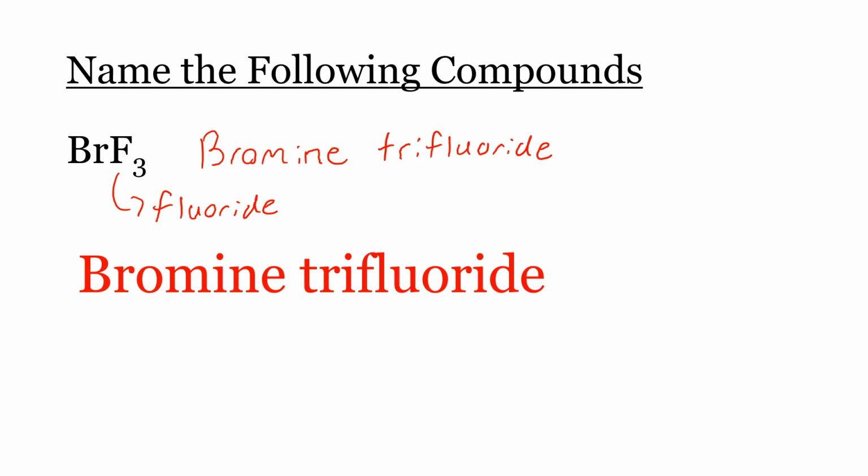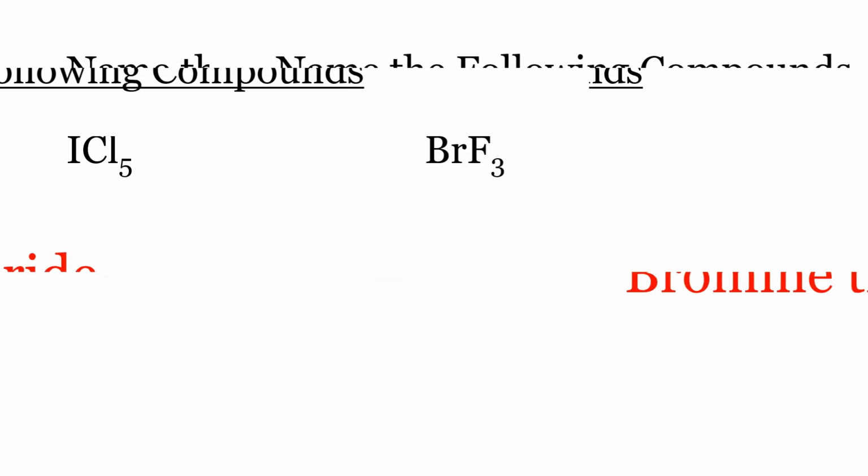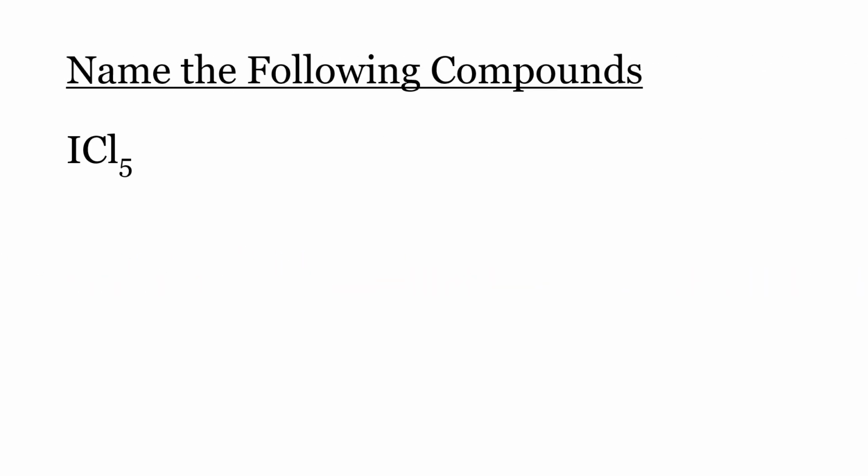Let's take a look at our next example. So we have ICl5. So our I will be iodine. I only have one atom of the iodine, so I do not use a prefix. So we have iodine. And then we have Cl5. So we have 5 chlorine atoms.